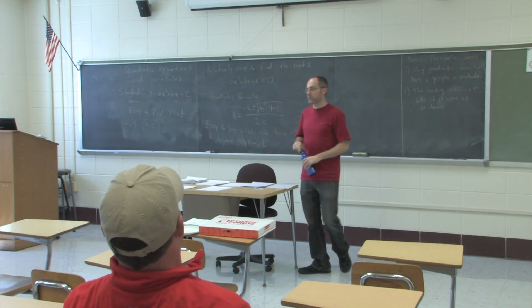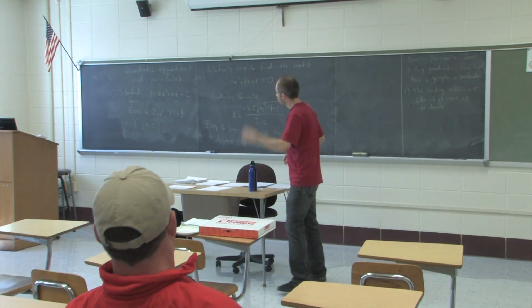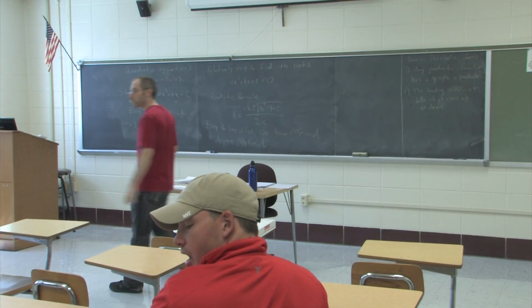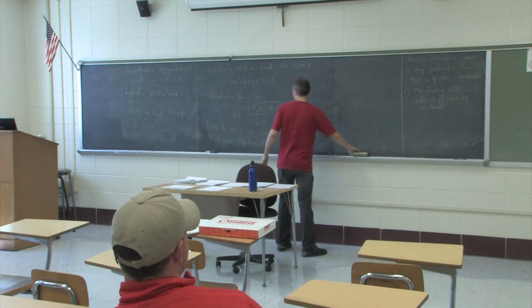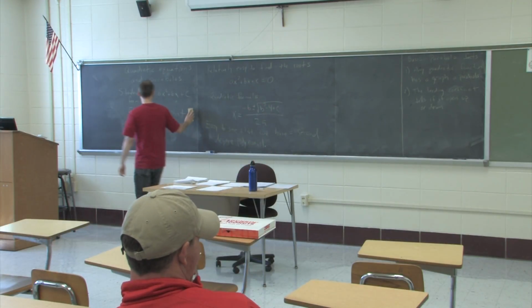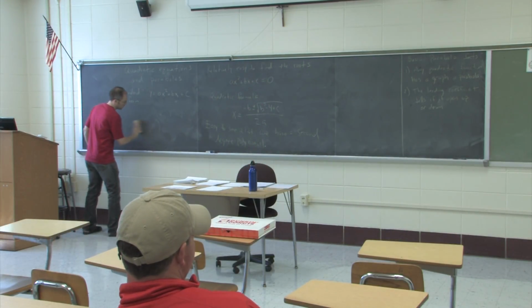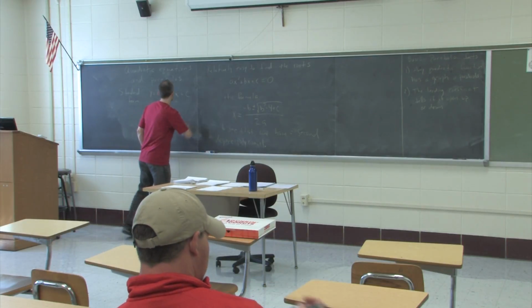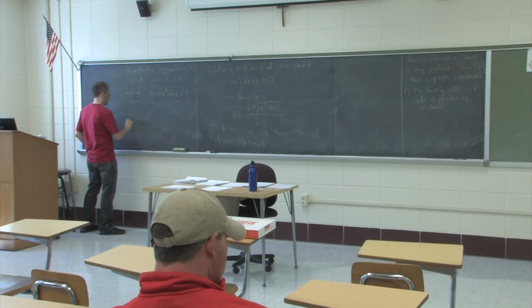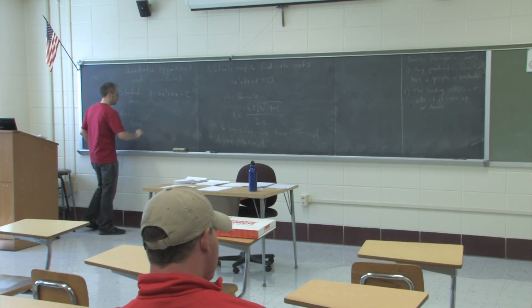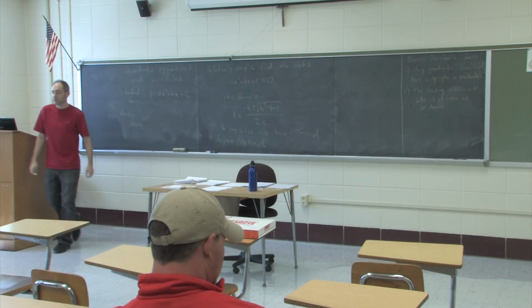So how else can you write the equation for a quadratic? In vertex form, so it's called. What is that?